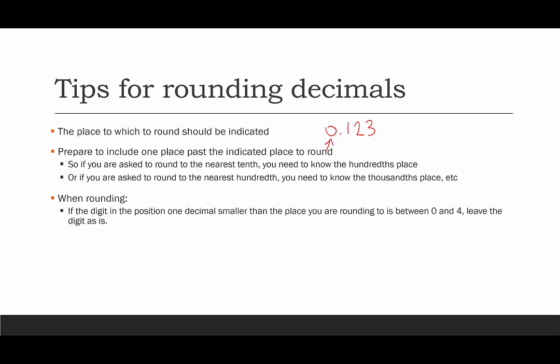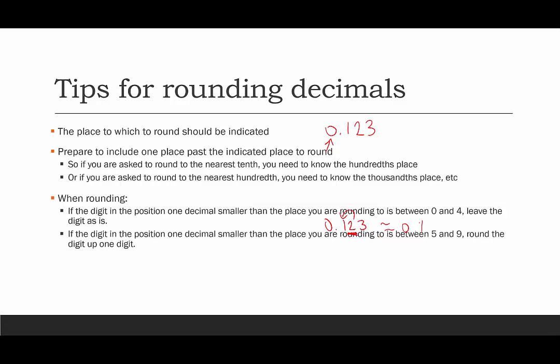When we're rounding, if the digit in the position 1 smaller than the place you're rounding to is between 0 and 4, then we leave that digit as it is. So if we're rounding 0.123 to the nearest 10th, the digit in the 100th place is between 0 and 4, so it tells the 10th place to stay as is, meaning that 0.123 would round to 0.1.